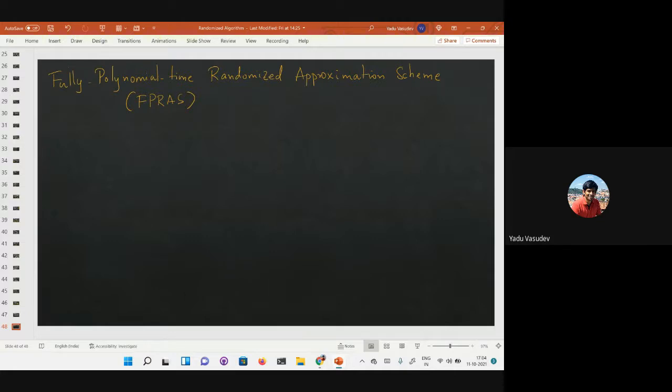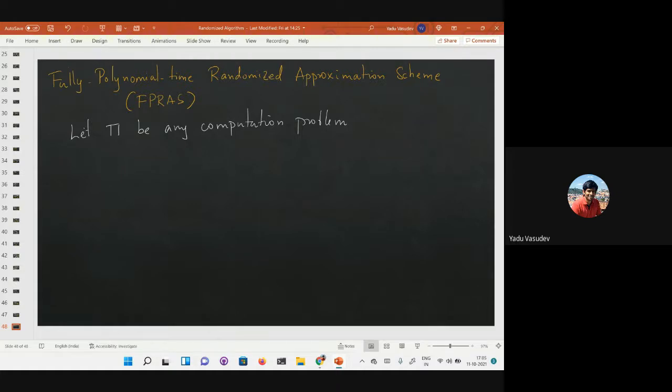In general, an FP-RAS is something as follows. Let pi be any computational problem, where if you're given input x, it will give you pi of x. That's the value.